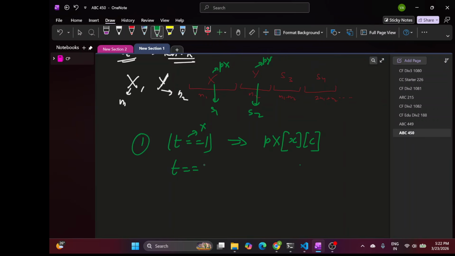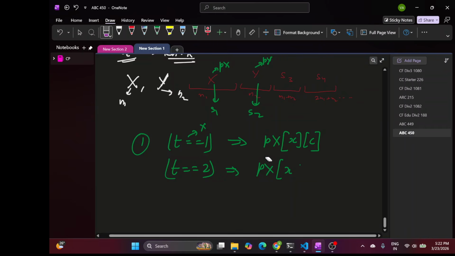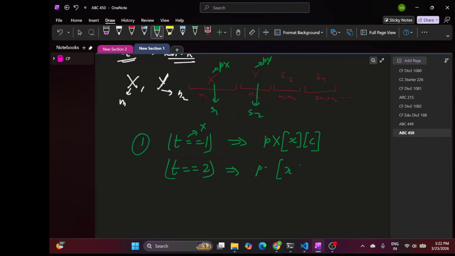And if it is our second string, then our count is prefix of y up to x this time, for the character c.